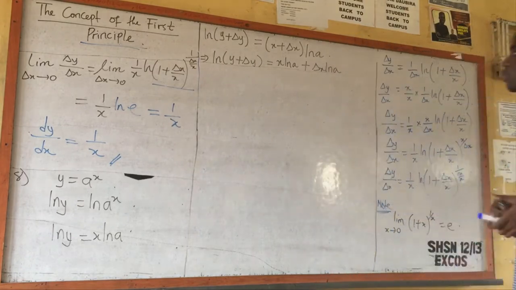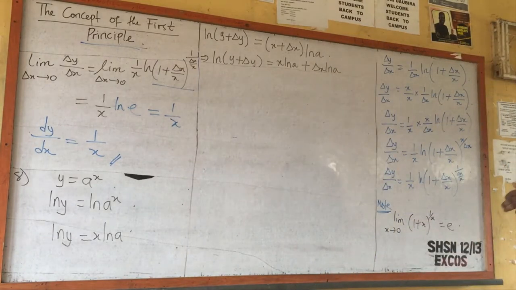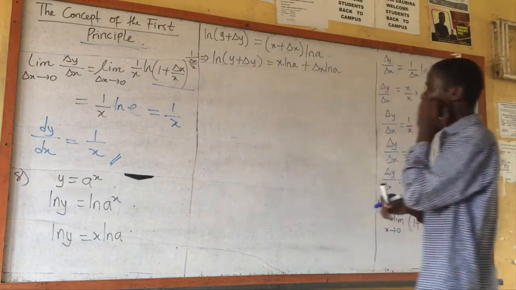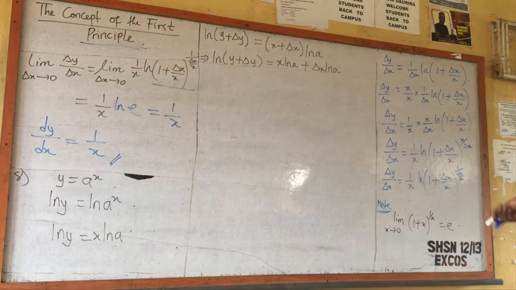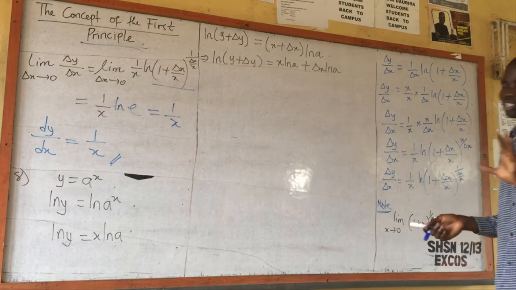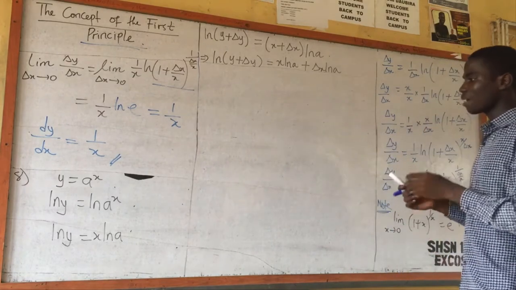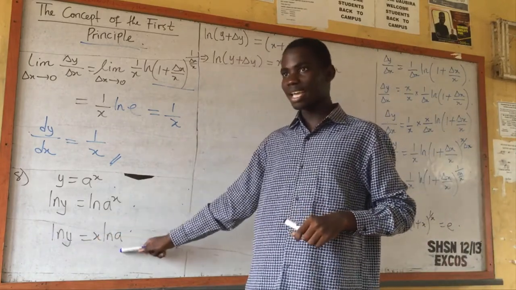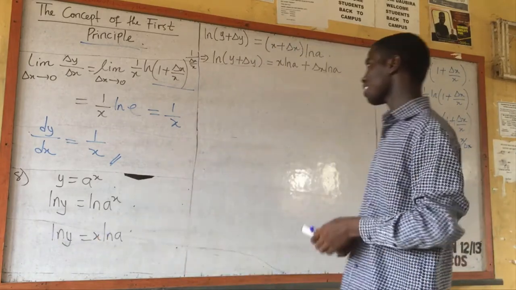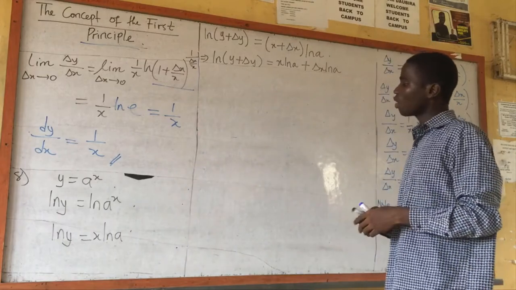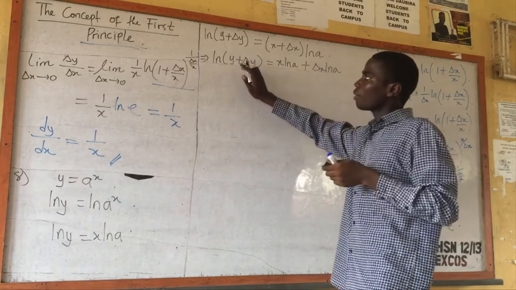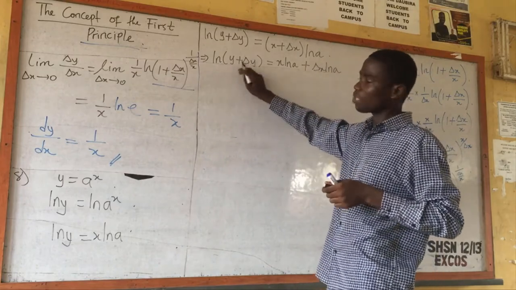So the next thing I will do is subtract. Instead of subtracting y from both sides, you subtract s ln a from both sides. Since I have ln y equal s ln a, subtract s ln a from both sides.